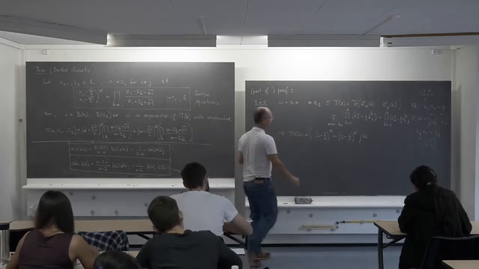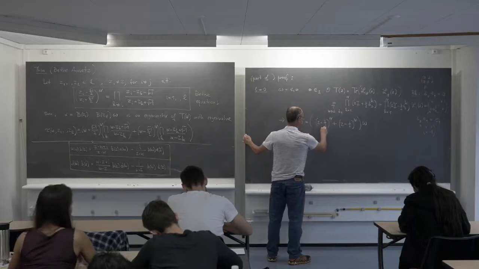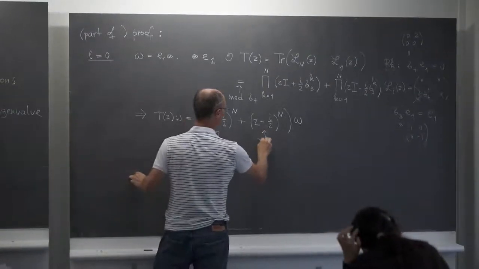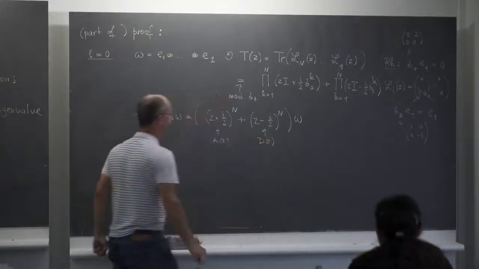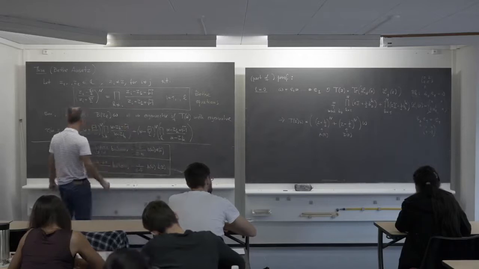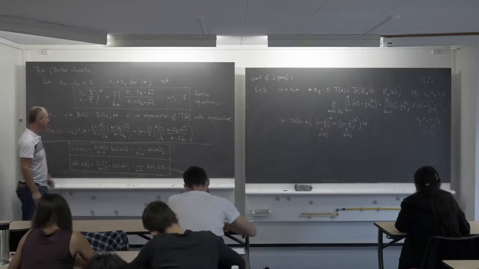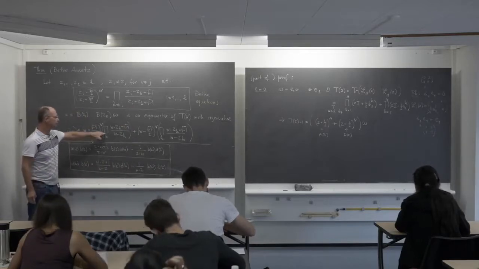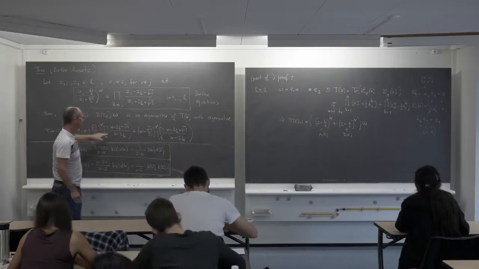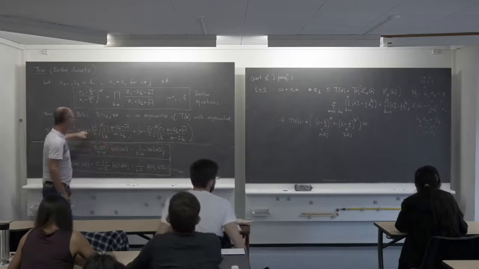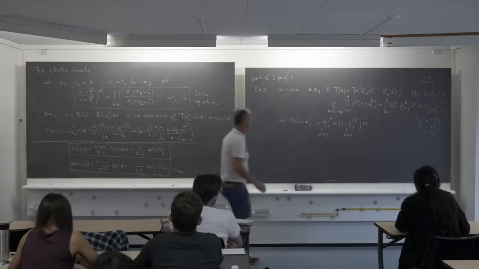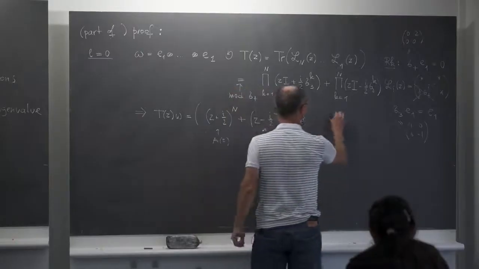And actually, this is the action of A of z, and that's the action of the operator D of z. So when L is equal to 0, there are no products, because there is nothing over which we should take a product, and then the formula matches. So that's okay.